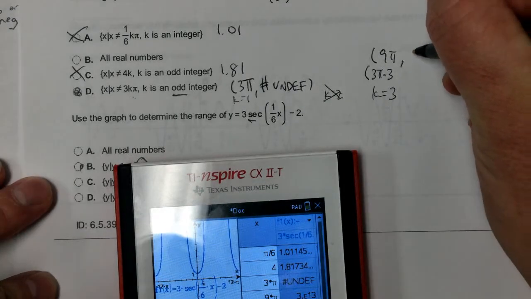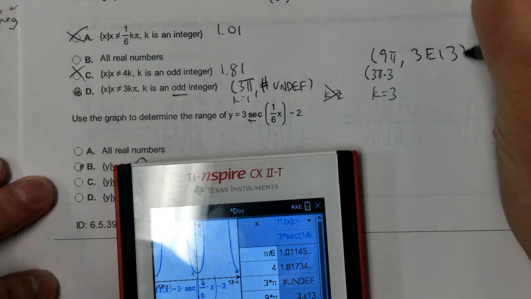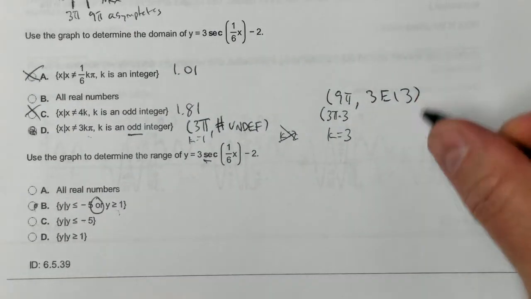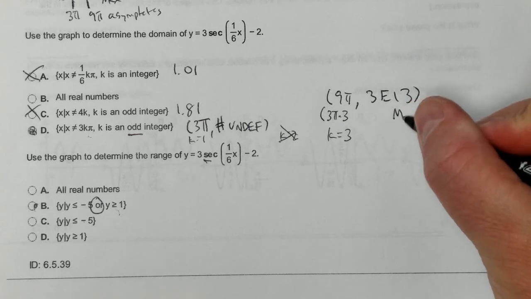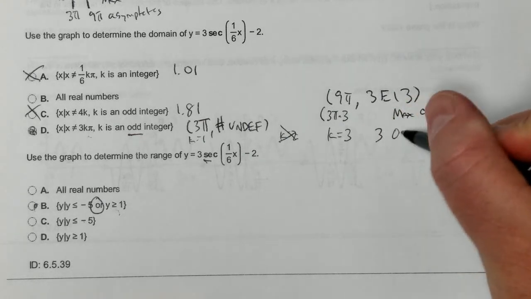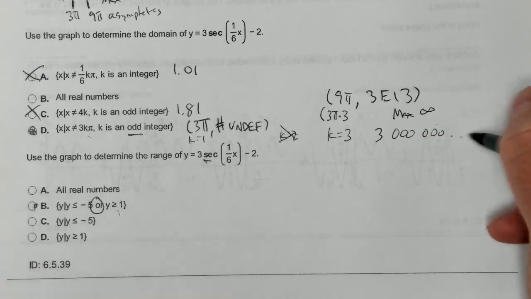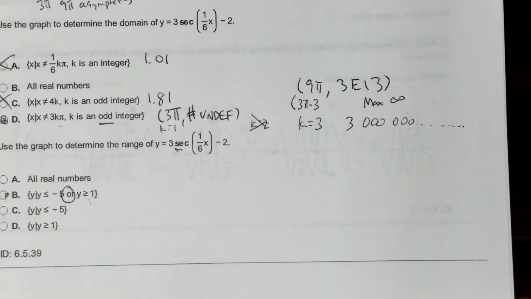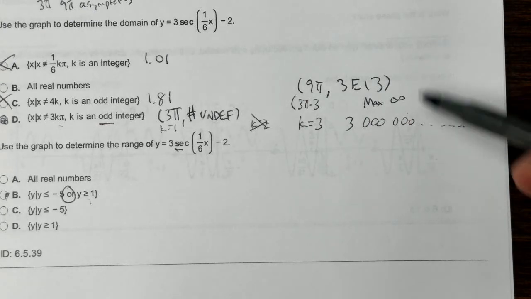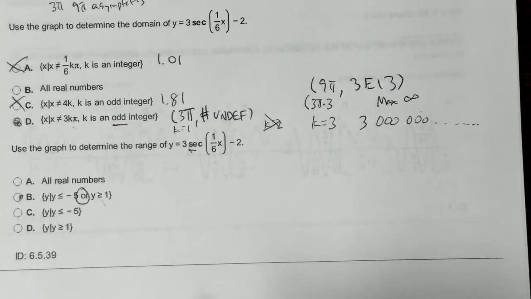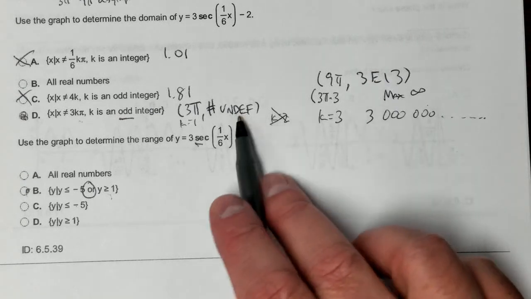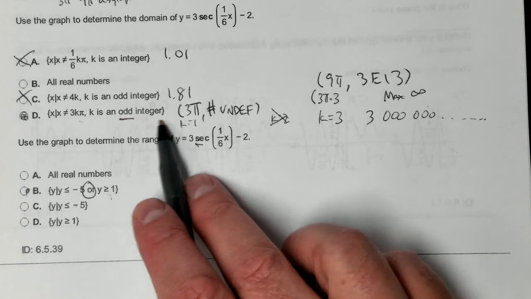It shows me 3e to the positive 13. So here's how you need to interpret that. That's going to be like a maximum at infinity. It's 3 and then 12 zeros, so to speak. And so that's where it's extremely high. And so the calculator is just putting this instead of undefined, but it's supposed to be undefined.